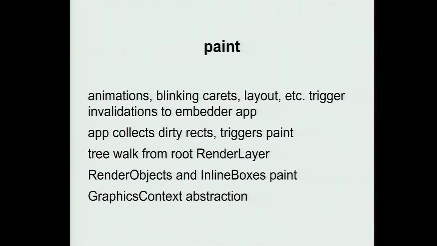So, painting. All kinds of things can trigger repaints: animations, the blinking caret, and obviously layout and style changes. What we do when we get those is we find the rectangle that has been dirtied, and we pass that up to the embedding application.